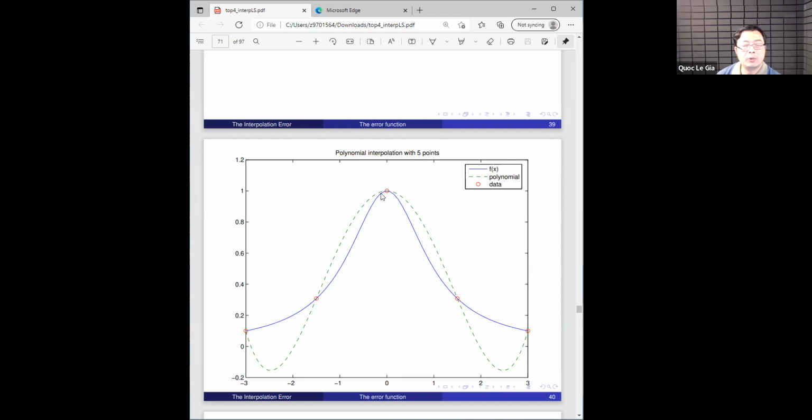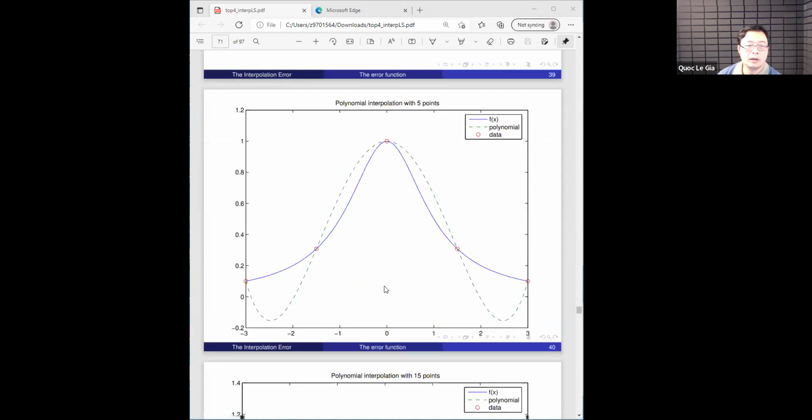So if you have 5 points, then what is the degree of this polynomial? 4. Yes, very good. So degree 4. Yeah.